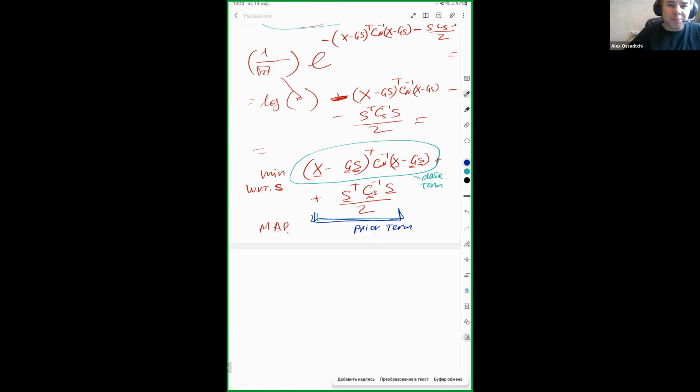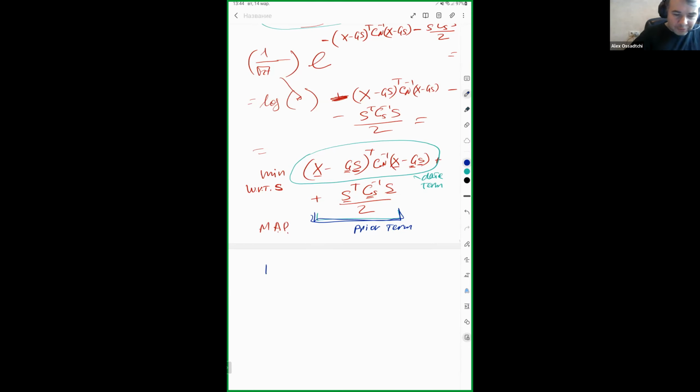If you trust only the prior, you will arrive at a trivial solution, which will be 0. If you ignore the data term, in order to minimize this quadratic term, s has to be 0, right?